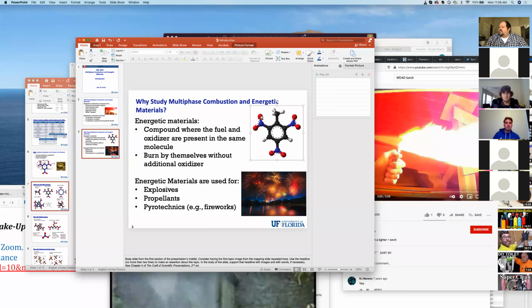Now this NO2 structure contains 2 oxygen atoms, and it's separated from the carbon and hydrogen atoms by this nitrogen atom. And so this nitrogen atom keeps the oxidizer atoms and the fuel atoms nicely separated, so that at low temperatures they don't just spontaneously react and burn and do crazy things.